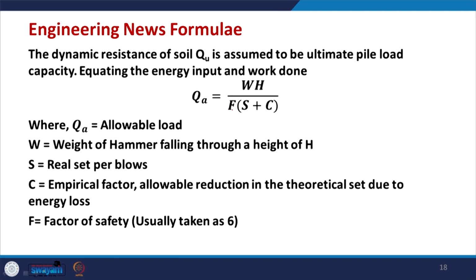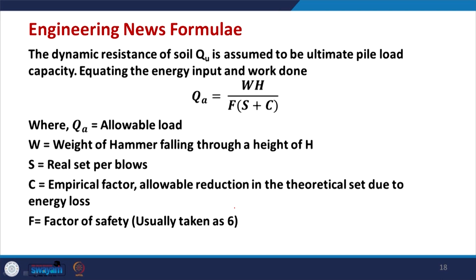Because F is a factor of safety, so the whole thing is divided by the factor of safety, and W is the weight of the hammer falling through a height H. So the weight of the hammer is known, and the height from where it is falling is also known. So W and H are known. Factor of safety is usually taken as 6 in this case, also known. Then S is the real set per blow and C is an empirical factor, an allowable reduction in the theoretical value due to energy loss. So, you have this S plus C.